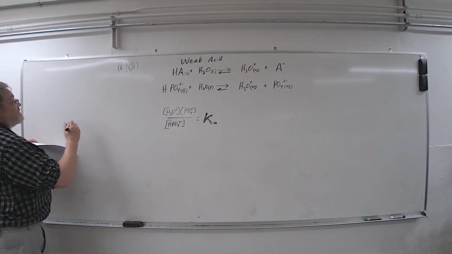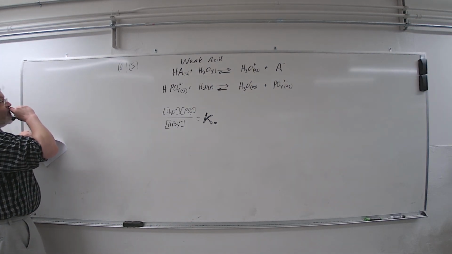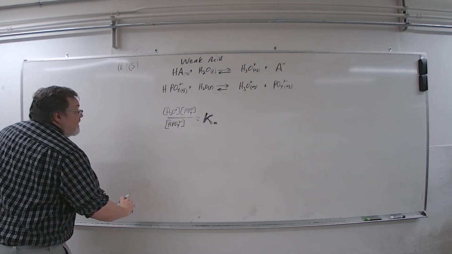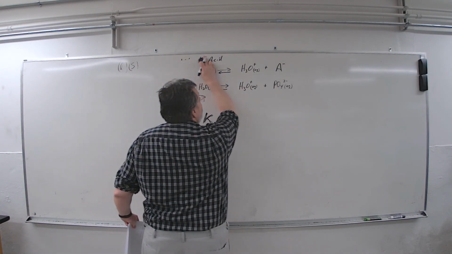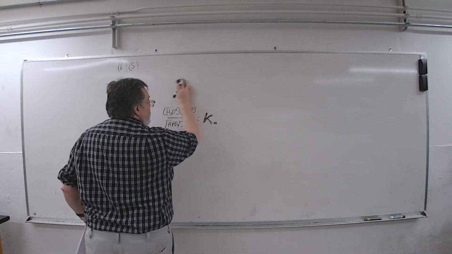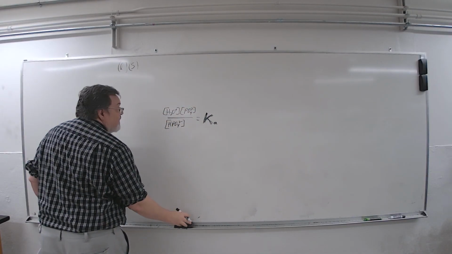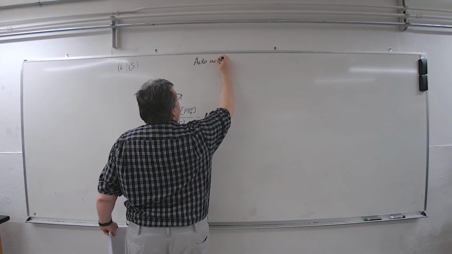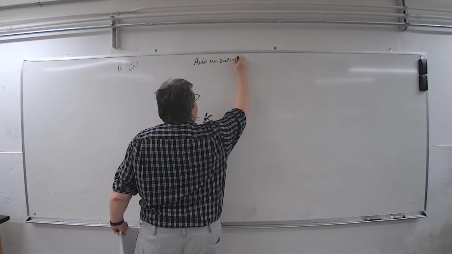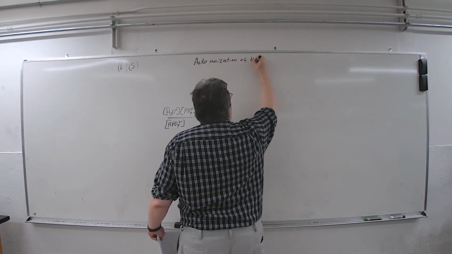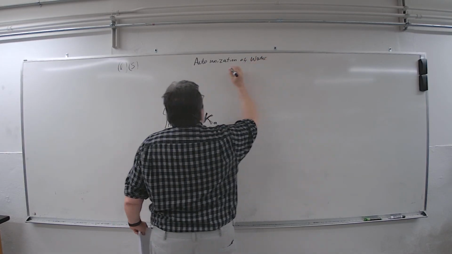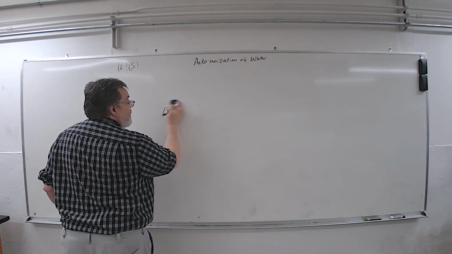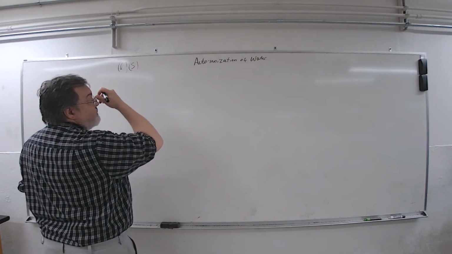Having said that, let me go back to something that's a little more fundamental. That was just to remind you of where this comes from. This is called, pretty sure I mentioned this before, but I didn't do much with it, the auto ionization of water.